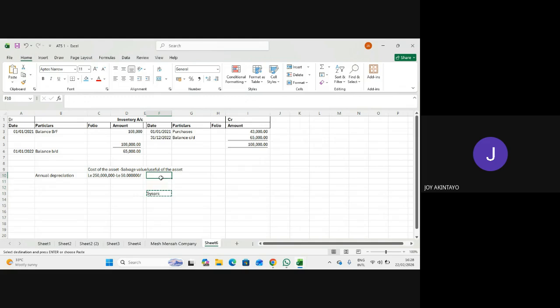Everything divided by 5, so what is our answer? Pick your calculator, and this is 5 million for your information, not 50.